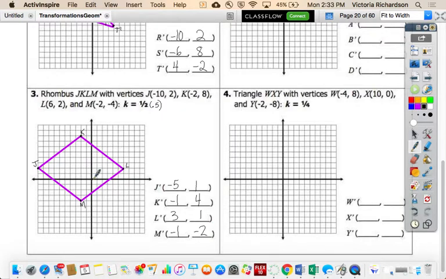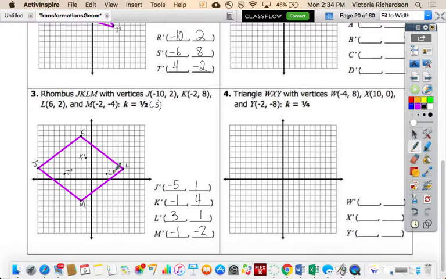So we start with negative 5, positive 1. 1, 2, 3, 4, 5, positive 1, and that's J prime. K prime is negative 1, positive 1, 2, 3, 4. L prime is 3, 1.